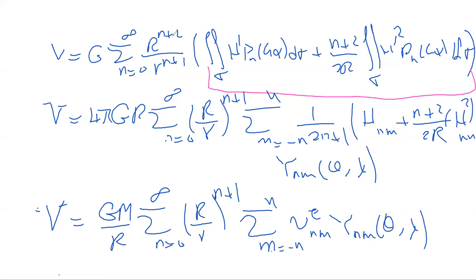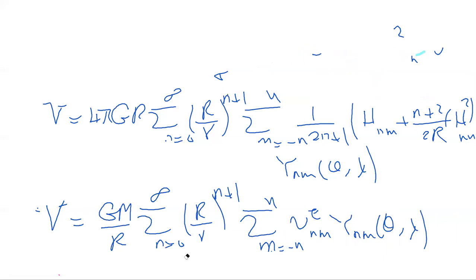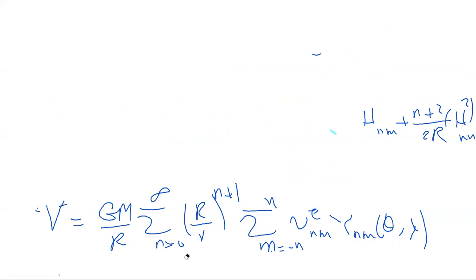And in this relation, V_nm will be... I think I missed the density somewhere.